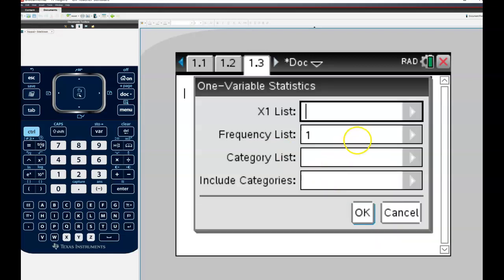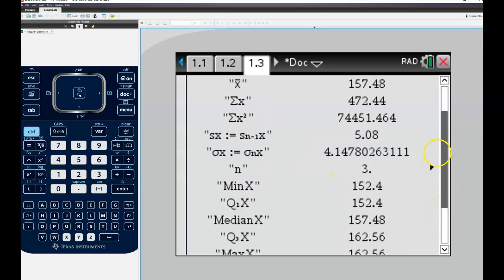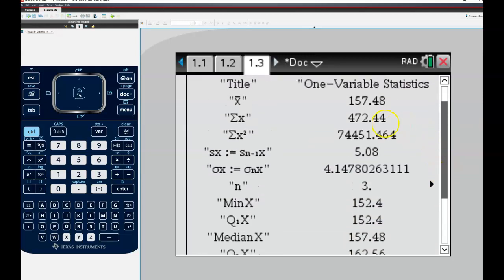I have one list, and instead of x, I'm going to use centimeters, and I get the mean of that distribution to be 157.48, and the standard deviation of that distribution to be 5.08.